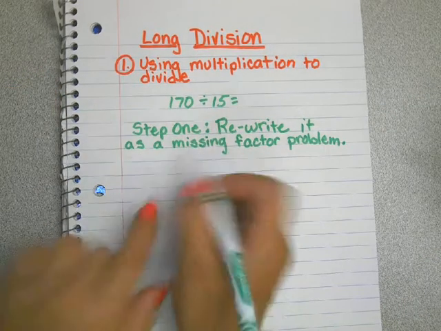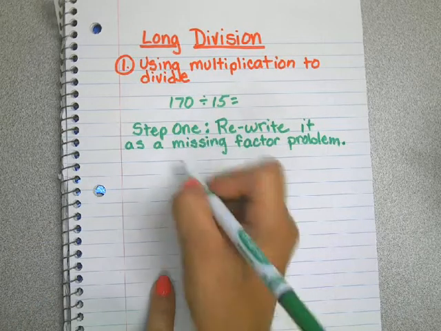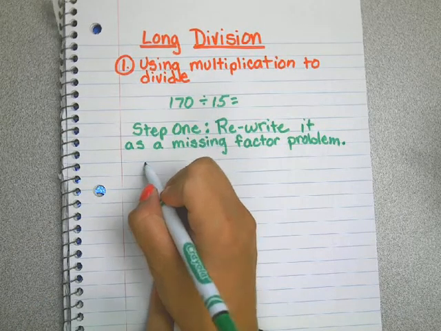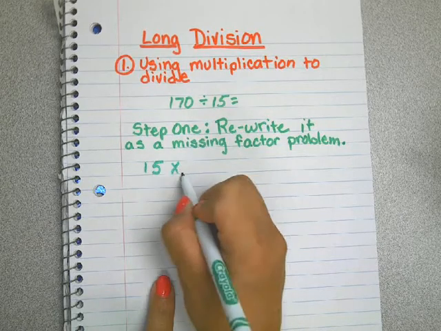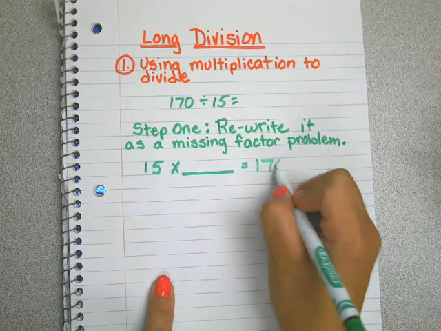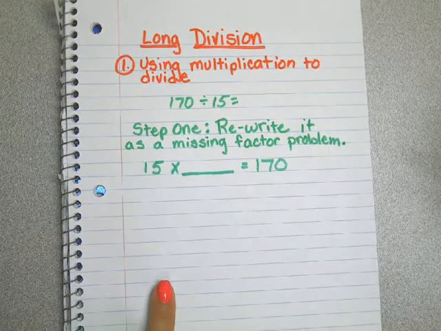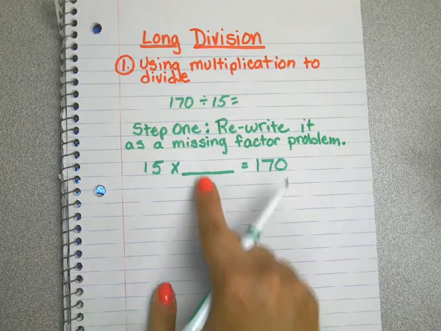So 170 divided by 15 would turn into 15 times blank equals 170. So that's a missing factor.